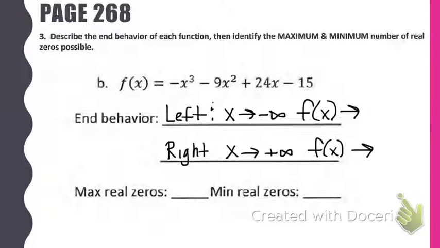And remember, we're answering these questions based off the highest degree, which is generally the first term. So this purple box answers everything. We don't need any of that information. That part we can cross out. Only the first term is what I'm going to use to answer all of my questions. So I want you to take a minute and try to fill in those pieces. And then we'll go through it together.